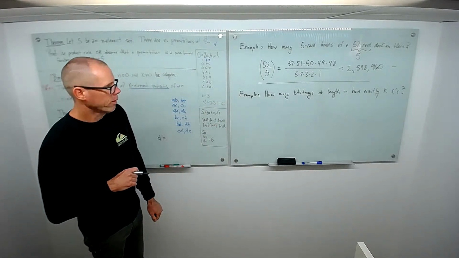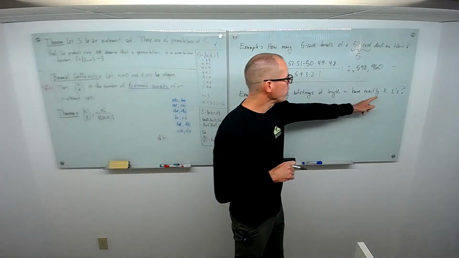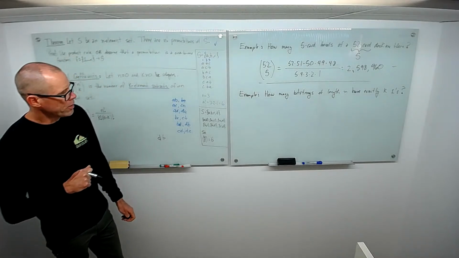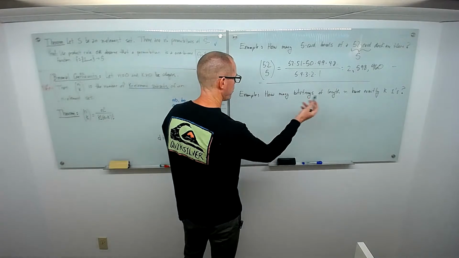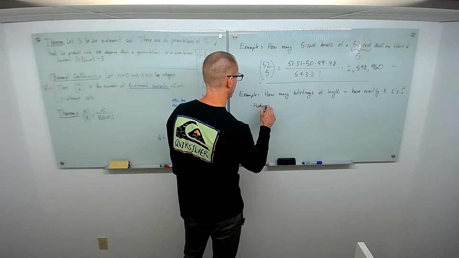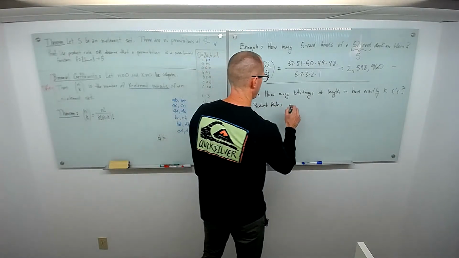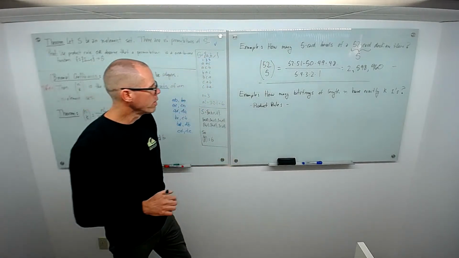Well, the notation that I've used maybe is giving away the answer, but there's an easy way to see it. To prove this, let's use the product rule. So I want to write down a bit string of length n that has k ones in it.